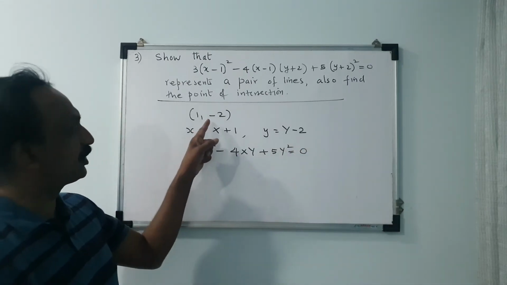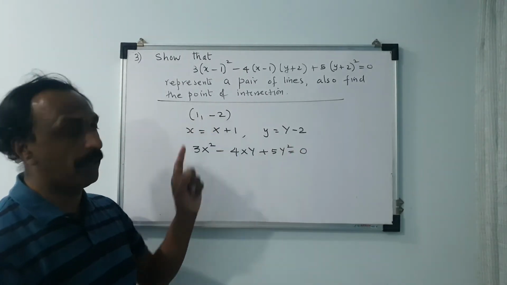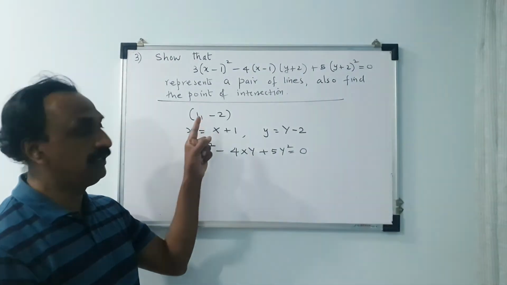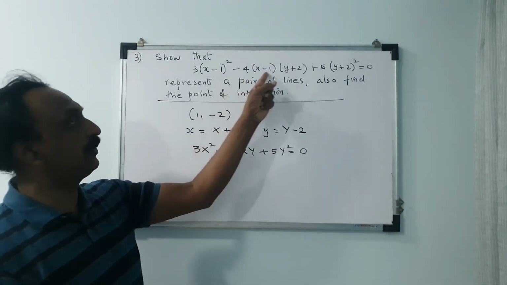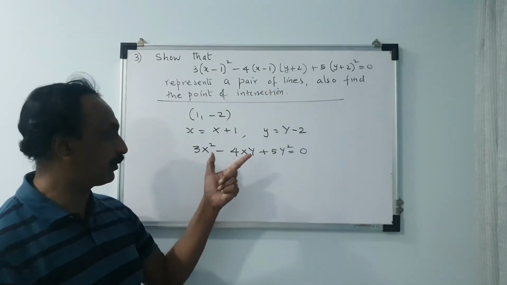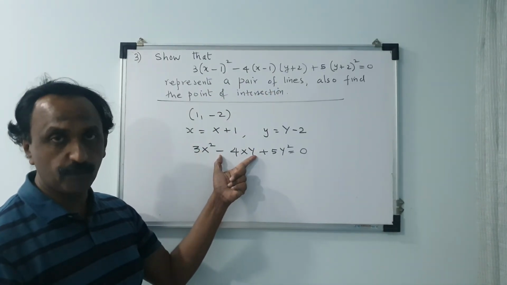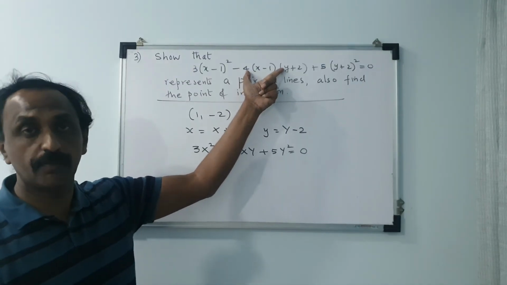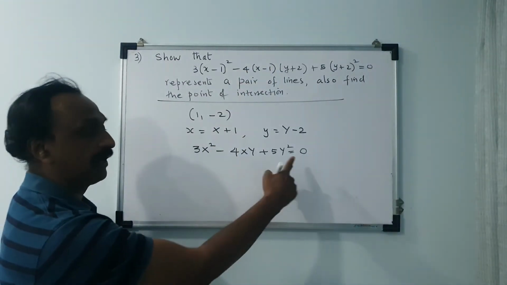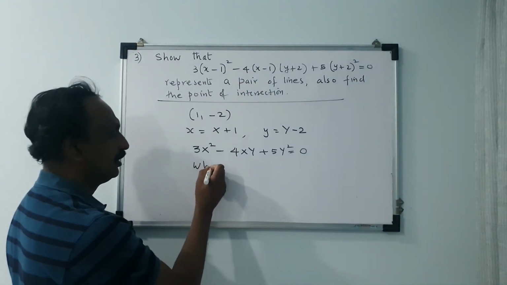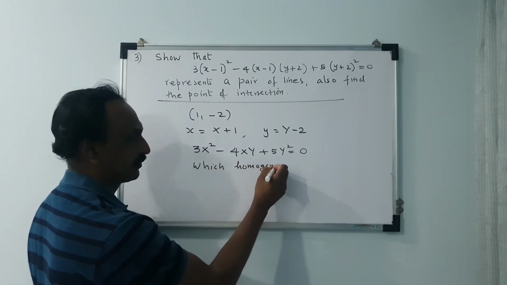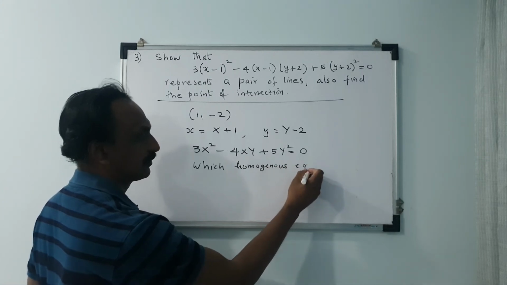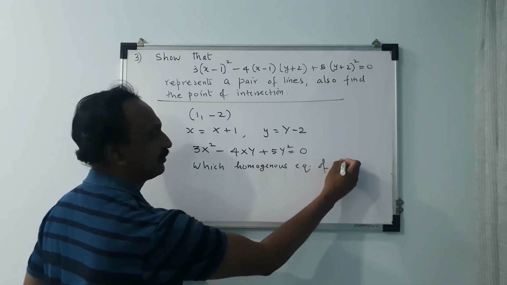That means after the shift of the origin to 1 comma minus 2, with axes drawn parallel to the original x-axis and y-axis, this equation is converted to a homogeneous equation. Hence this represents a pair of lines. Therefore the original equation also represents a pair of lines. So what we'll say after this, which is a homogeneous equation of second degree.